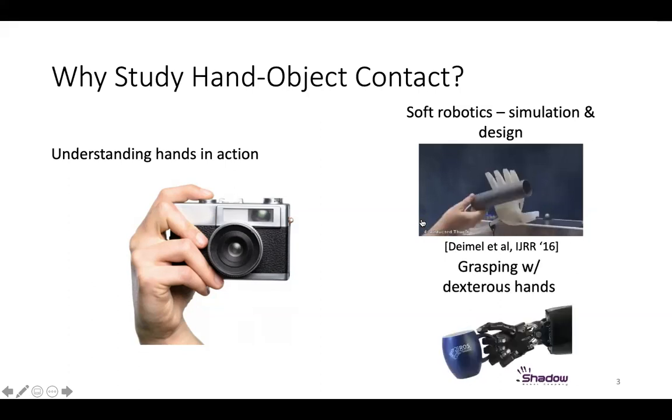And when we want to design grasping algorithms, especially for robotic hands which are multi-fingered and dexterous and kind of close in their structure to the human hand, we can get some inspiration from how humans grasp objects by looking at the contact patterns. But the thing that I'm going to present today is mostly going to be focused on understanding hands in action.